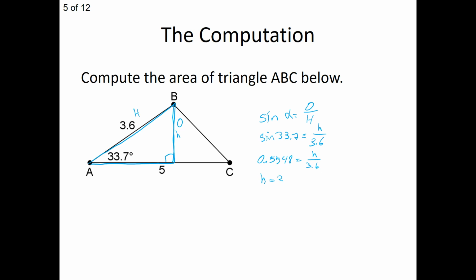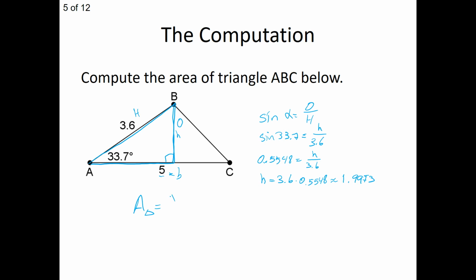We get the height is 3.6 times 0.5548, which roughly comes out to be 1.9973. And so there we have it. There is our missing height. Now we have that 5, which is our base, and we can use this to find the area of the triangle.